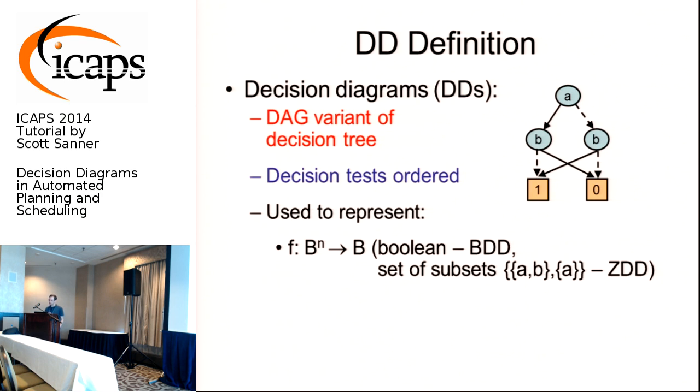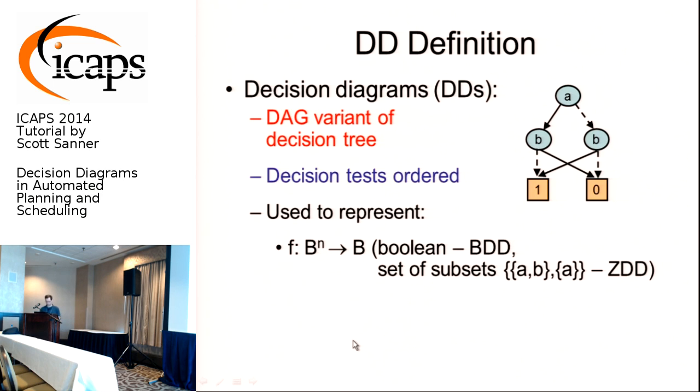So what do you use these decision diagrams for? Many things. If your decisions are Boolean decisions, these are basically your domain. And if A is true and B is true, and the values of the leaves are 1 and 0, then consider 1 to be true and 0 to be false. Then you're representing a function from a Boolean domain of n variables to a Boolean value.